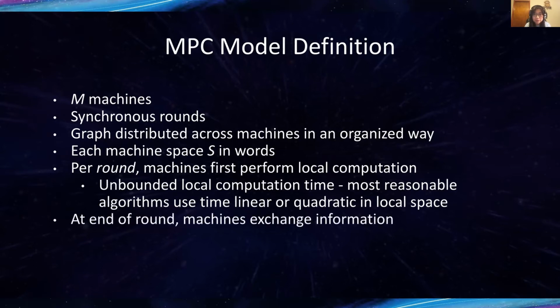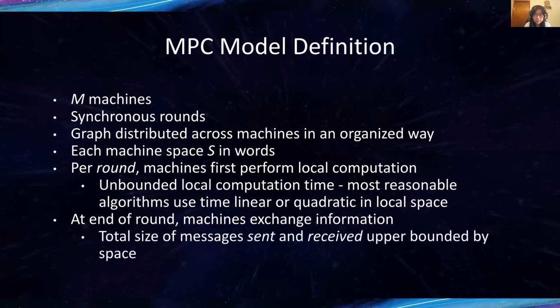At the end of each round, the machines exchange messages with each other to inform the computation for the next round. The total messages sent and received by a machine is upper bounded by the space of the machine. We also care about the total space used by all of the machines. By our definitions, we can calculate the total space used to be M times S.